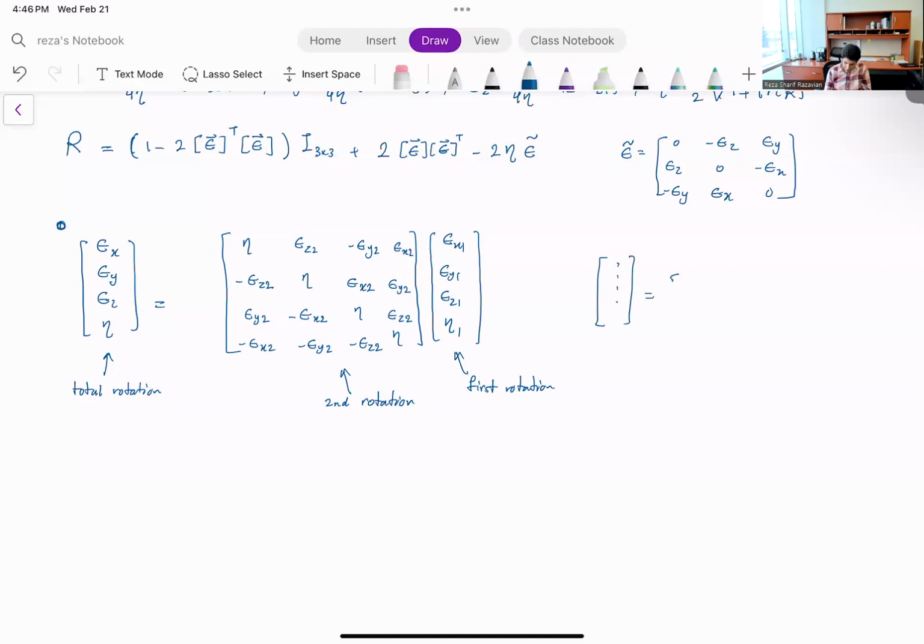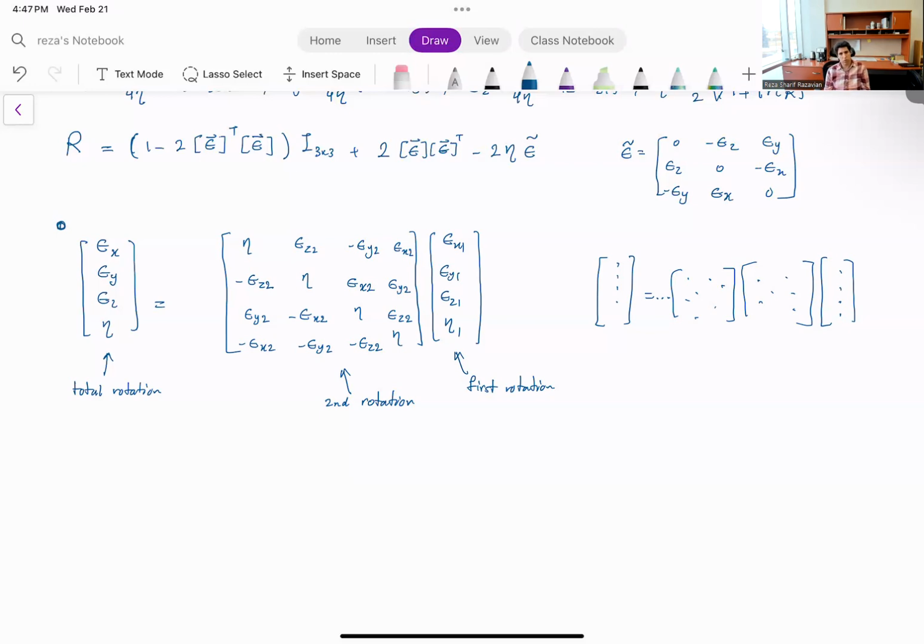This is your first one, you multiply it by this big matrix. For the second one, you multiply it by the third rotation and so on. So we can always pre-multiply all these 4x4 matrices to figure out what your total rotation is.